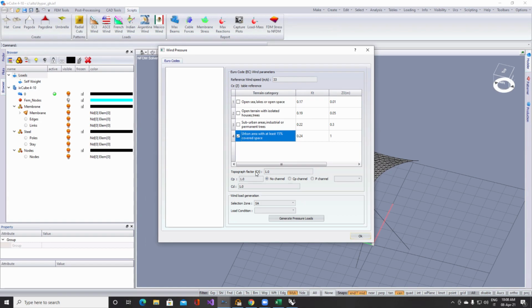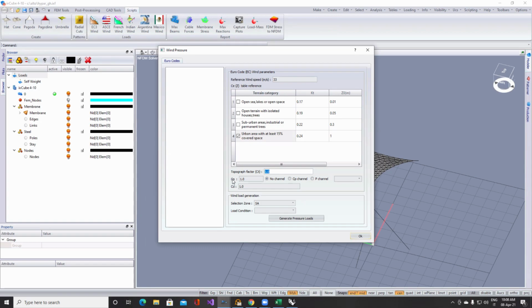And then the input parameters: we need to input the topographic factor, CT. You'll find in the Eurocodes what this number is and how to compute it. But let's say that generally you don't find much information, and 1 is the input. The CD is the dynamic factor.